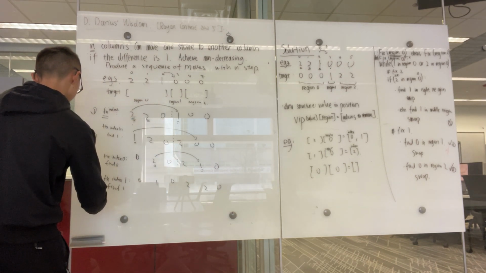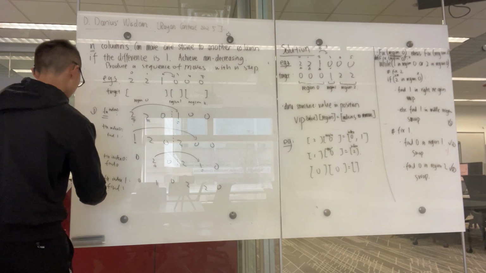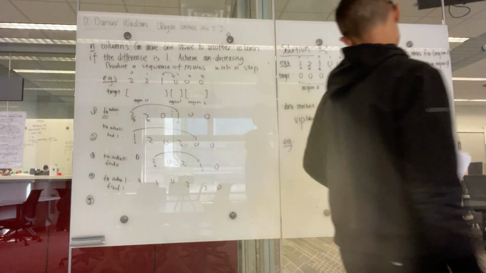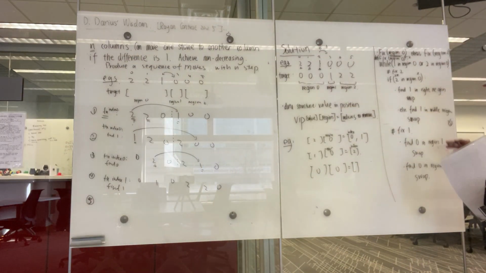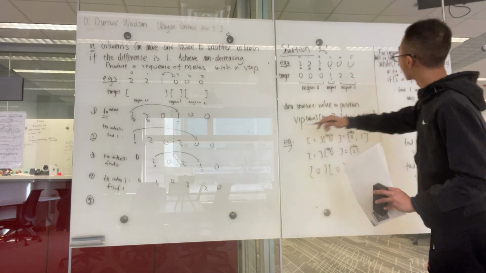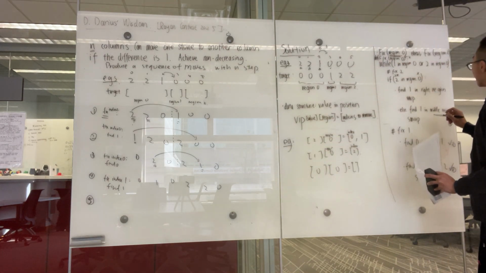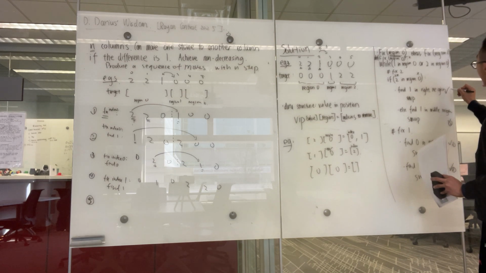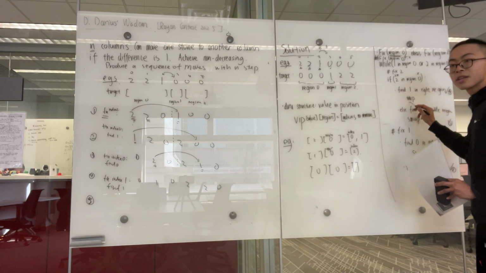And the fourth step is using which line of the algorithm? So fix 2 and fix it to become a 1. This is region 2, so in the right region. Here is our step 4. So step 4 is executing this swap here.